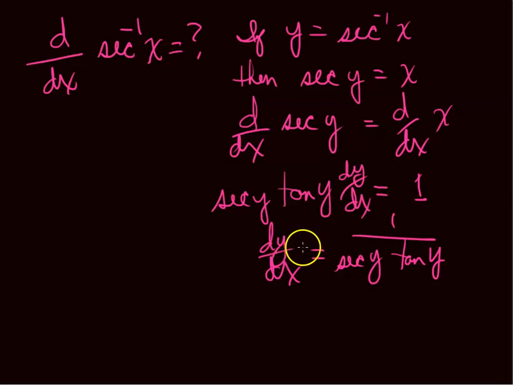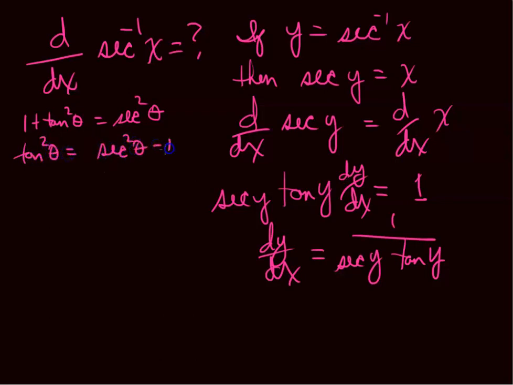If we know that, as we saw before, 1 plus tangent squared theta equals secant squared theta, then we also know that the tangent squared theta equals secant squared theta minus 1, and the tangent of theta equals plus or minus the square root of secant squared theta minus 1.